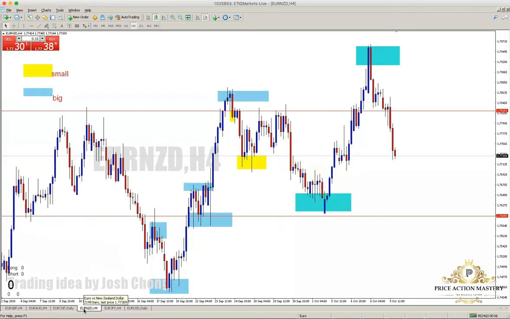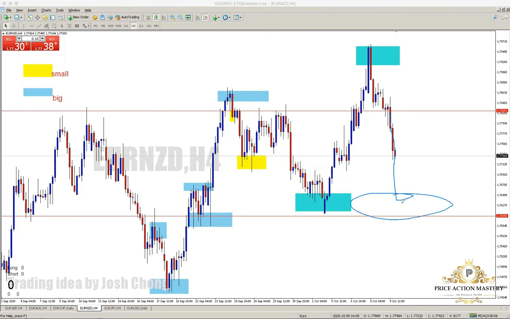Euro New Zealand, in the bigger trend, is still in an upside exposure. It is very possible that the market goes to drop until this level, then we can see an advance, but of course close to a key line area, there is also a chance of flying up.